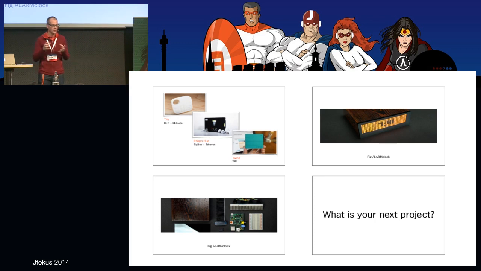That's the hard part. And the cool thing is that we know how to do that. Everyone in this room, I'm pretty sure, is capable of buying these parts, writing the software, and creating a product like this. And this was not the case just a few years ago. So my question to you when you leave here today is, what is your next project?